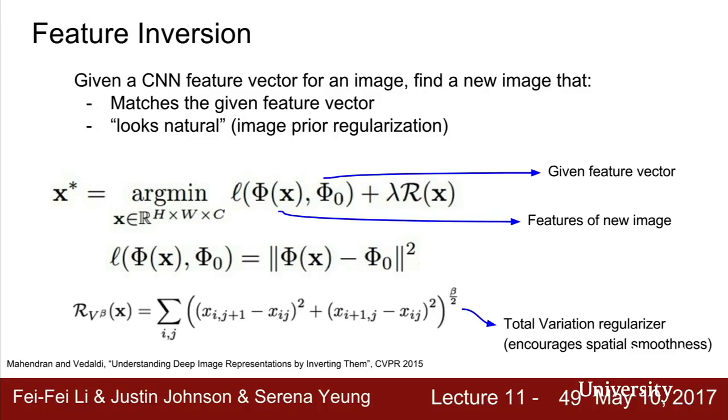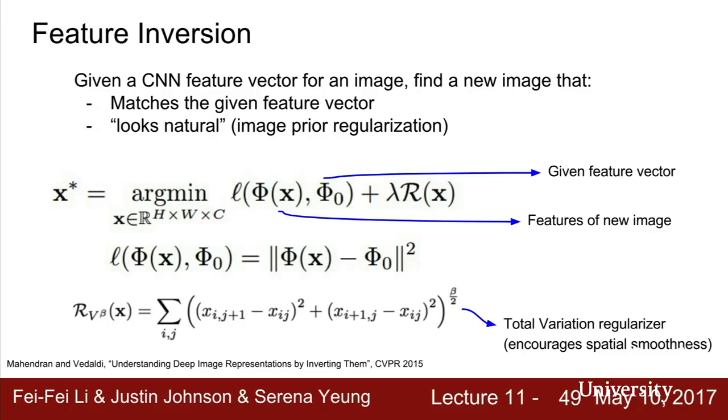And based on what that reconstructed image looks like, that'll give us some sense for what type of information about the image was captured in that feature vector. So again, we can do this with gradient descent with some regularizer, where now rather than maximizing some score, we want to minimize the distance between this cached feature vector and the computed features of our generated image, to again synthesize a new image that matches the feature vector that we computed before.